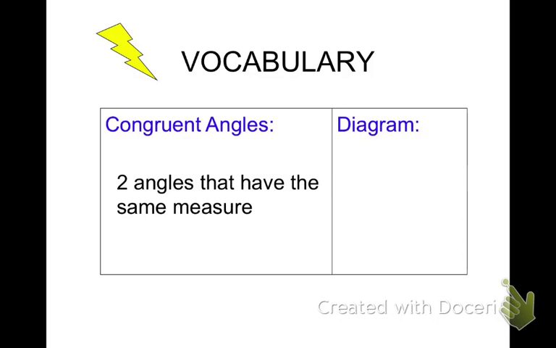Okay, so for our diagram, as best as you can, try to create two angles that appear to be roughly the same measure. So like we do with the segments, we use the tick marks. For congruency of angles, we put a little arc inside the angle.